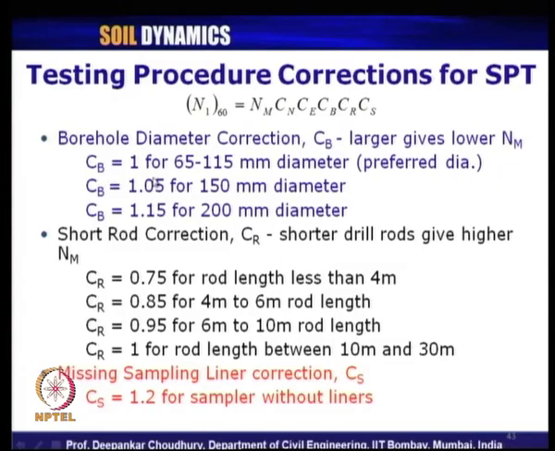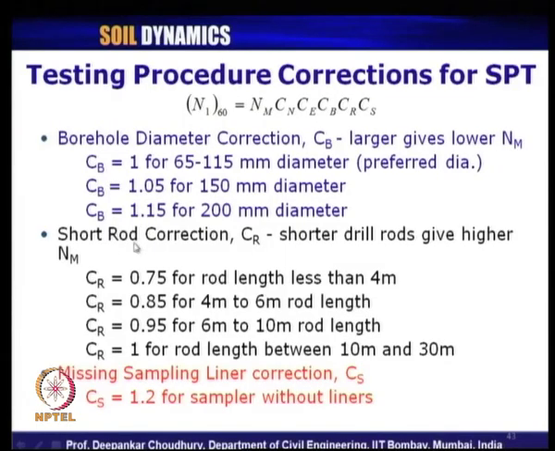It has been standardized for a preferred borehole diameter range of 65 to 115 millimeter. If your borehole lies in this range, then no correction is required, the correction factor is 1. But if you use a wider borehole, which is standard practice, many a time we go for larger borehole diameter for operational easiness, so for 150 millimeter diameter, the correction factor is 1.05. If it is 200 millimeter diameter, it is 1.15 and like that.